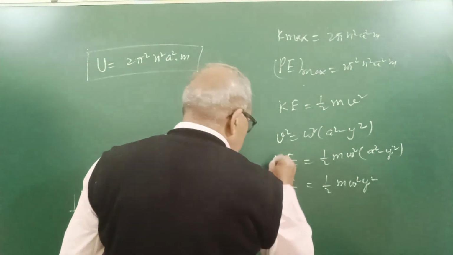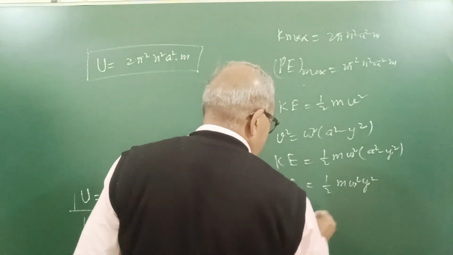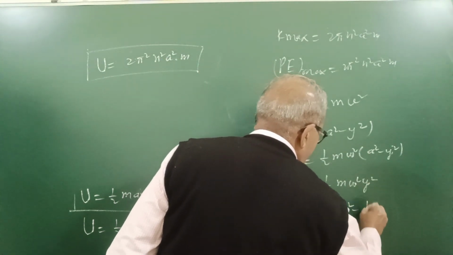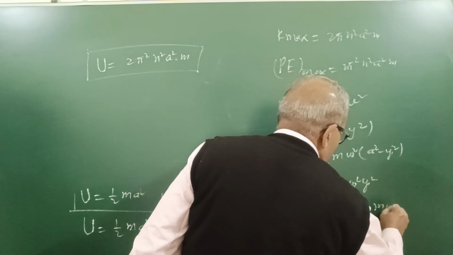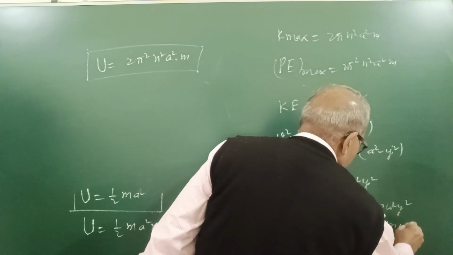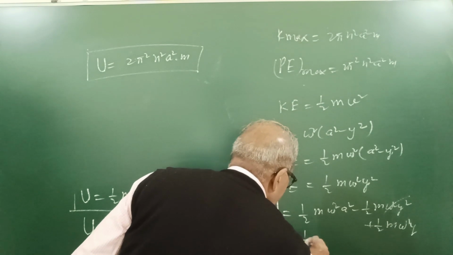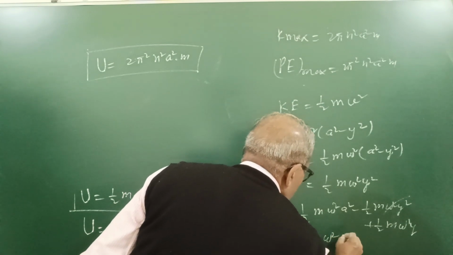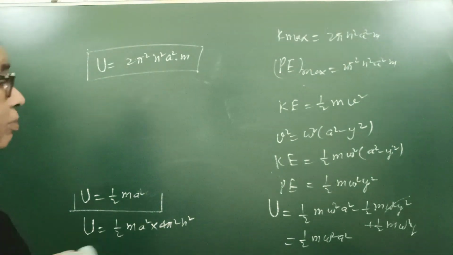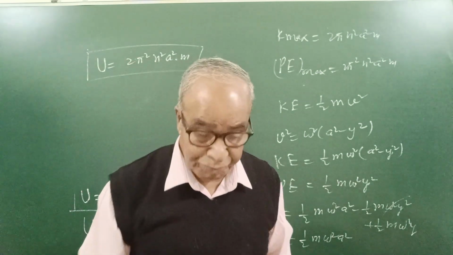If you add these two to get the total energy, it is half m omega square a square minus half m omega square y square plus half m omega square y square. These cancel, and the total is half m omega square a square. In the next video I will tell you the graph of variation of kinetic, potential and total energy.